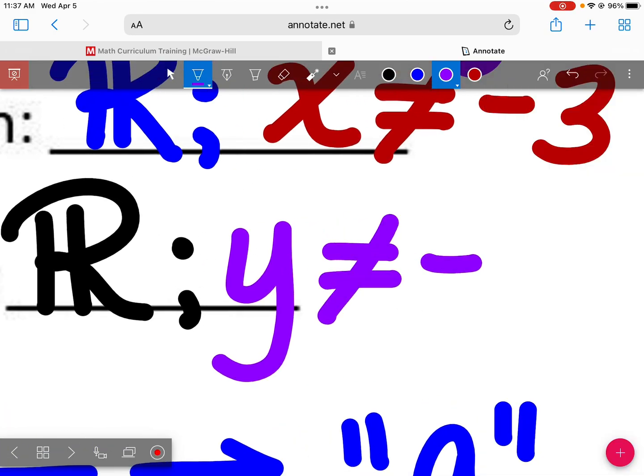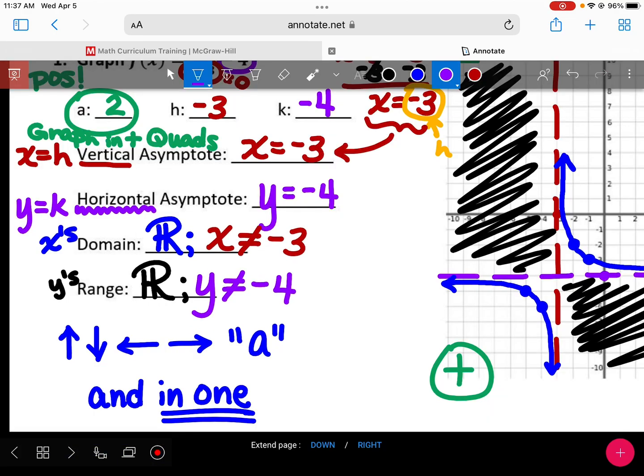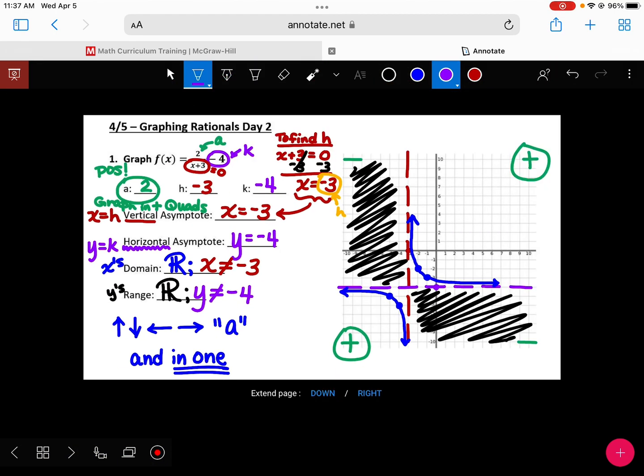Y cannot be equal to -4. This is how we're going to do domain and range for all of these rationals. It's all real numbers except where my asymptotes are. X goes with domain, Y goes with range.